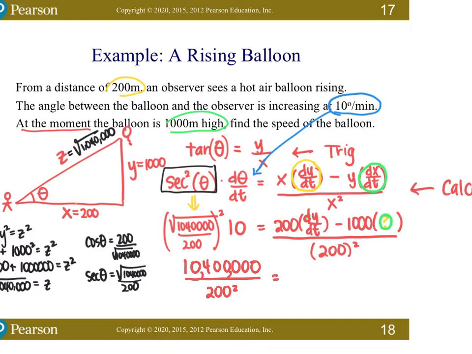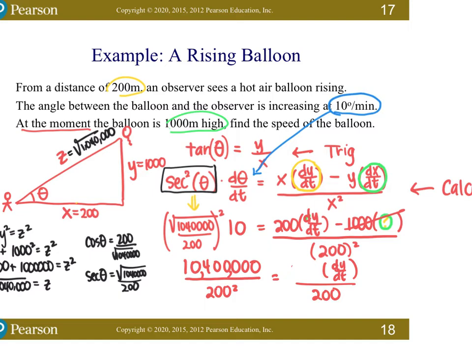And on the other side, the 0 is going to knock this out. So I'll have 200 times dy dt over 200 squared. And again, I can reduce my 200 with the 200 squared. So that just leaves me with 200 in the denominator. And now I can cross multiply.